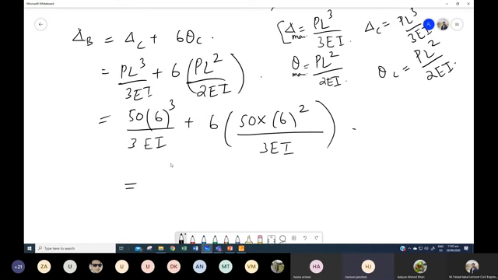So 9,000 over EI. Yes. Actually, over here it's 2 EI, sir. 14,400 over EI is not coming. There is a mistake. Over here it is 2 EI, because in this formula of rotation, if you see, this factor is 2.